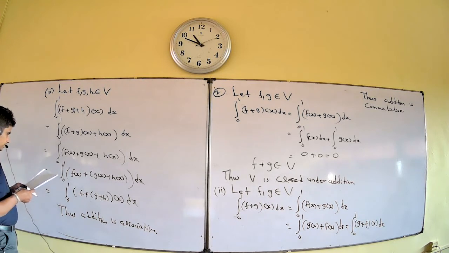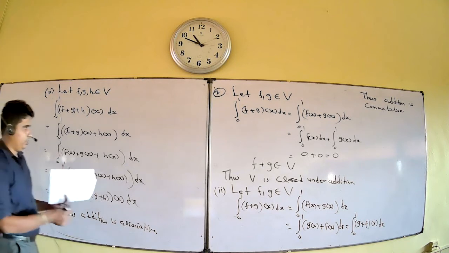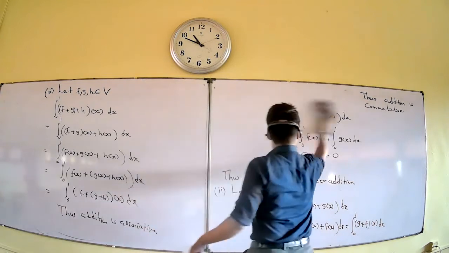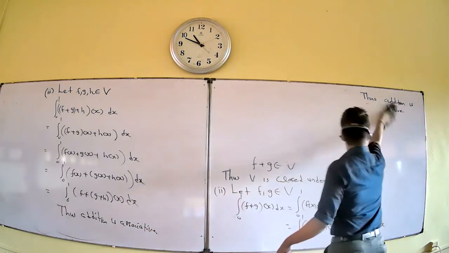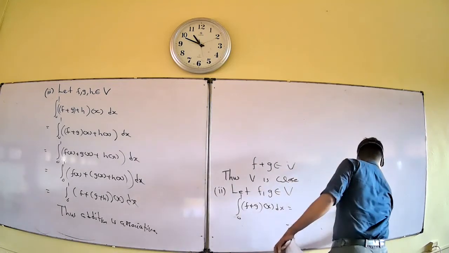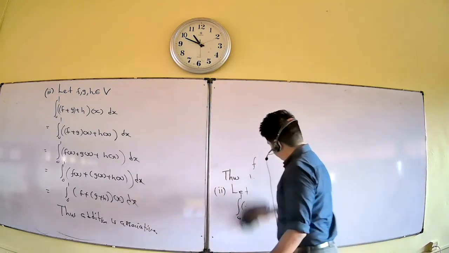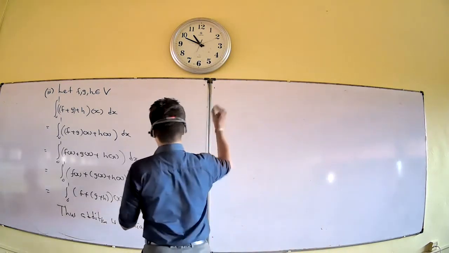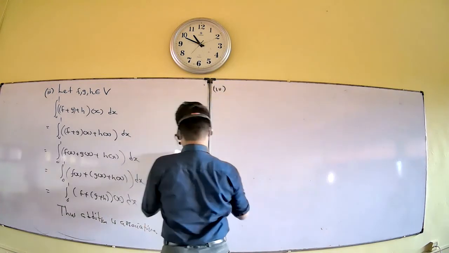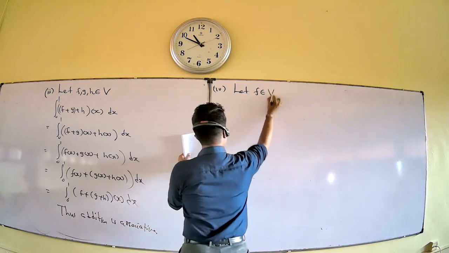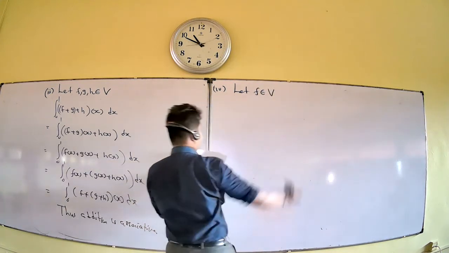Next, you want to find the identity of B. For the identity of B, let f in B, your identity is the zero function.